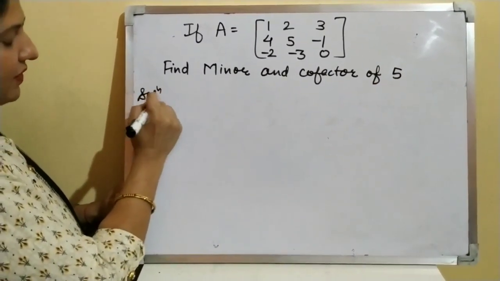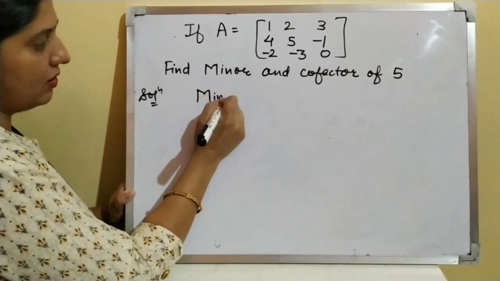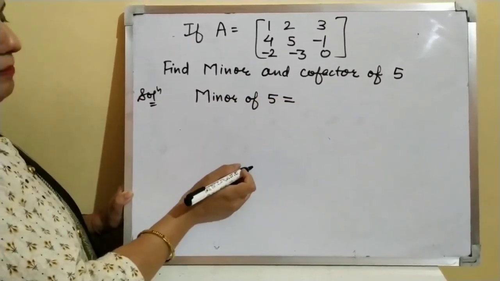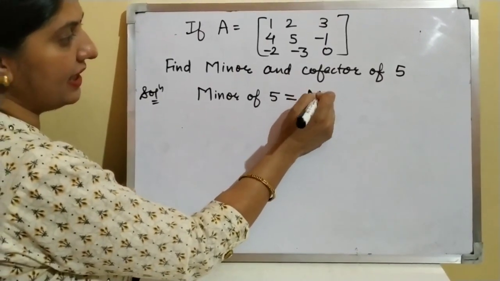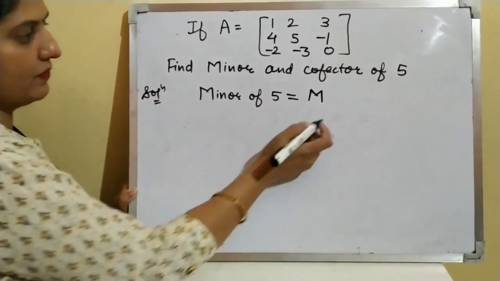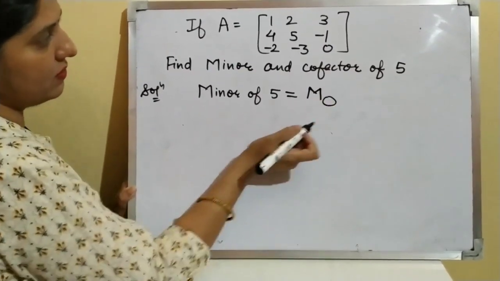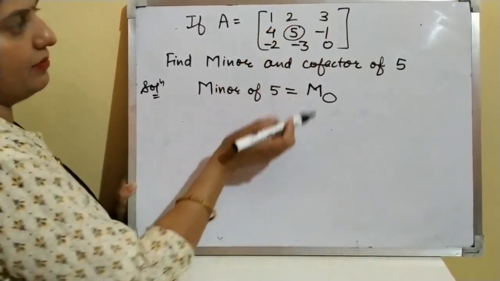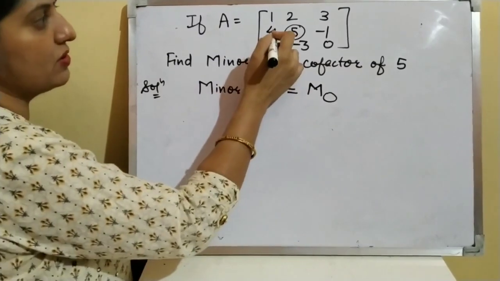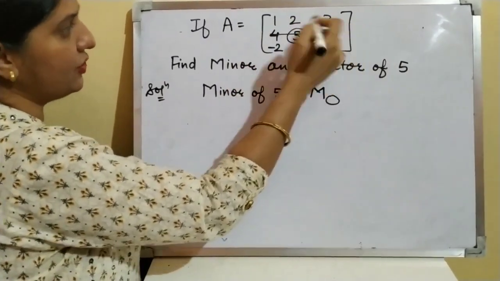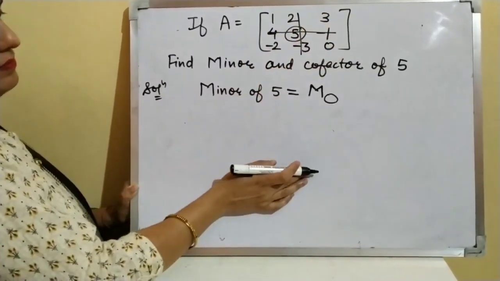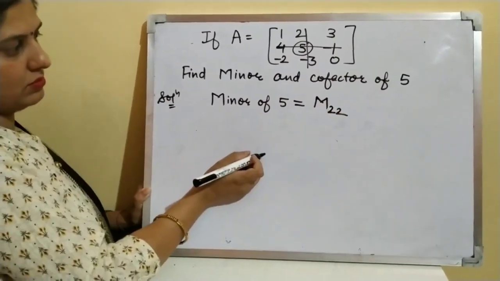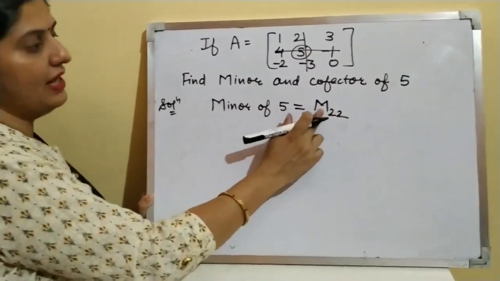See here. First we calculate minor of 5. Minor of 5 is denoted by capital M. Now we use notation. See here, element 5 belongs to second row and second column. So we write 2, 2. So minor of 5 is denoted by M22.